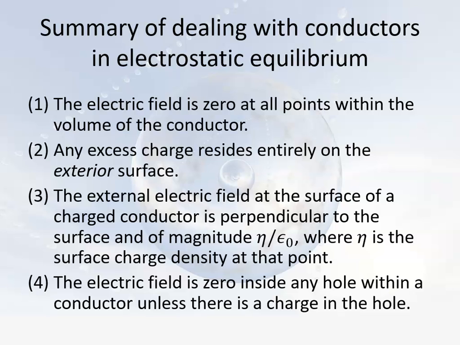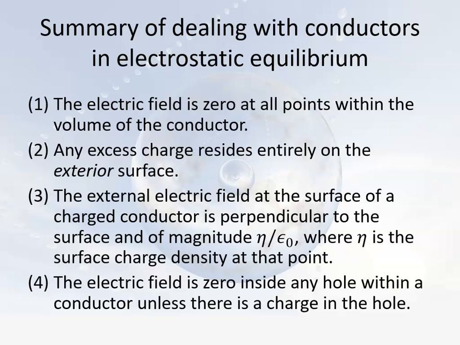So, a summary for dealing with conductors in electrostatic equilibrium is that the electric field must be 0 at all points within the conducting medium, within the volume of the conductor itself. Second, any excess charge must reside entirely on the exterior surface of the conductor.